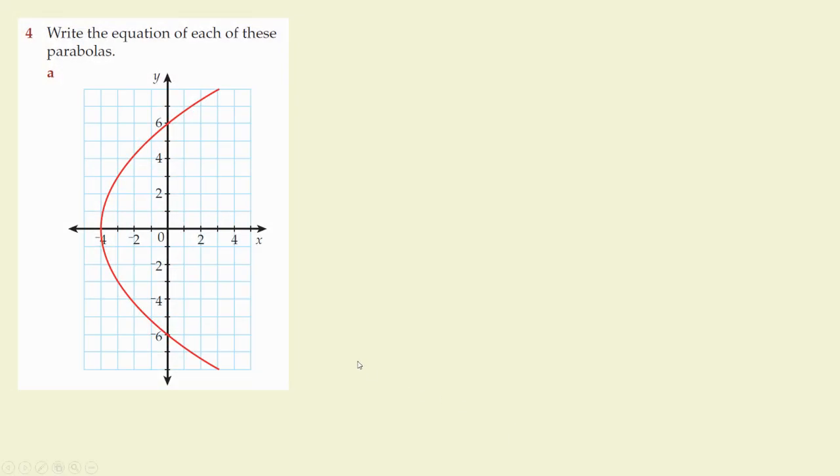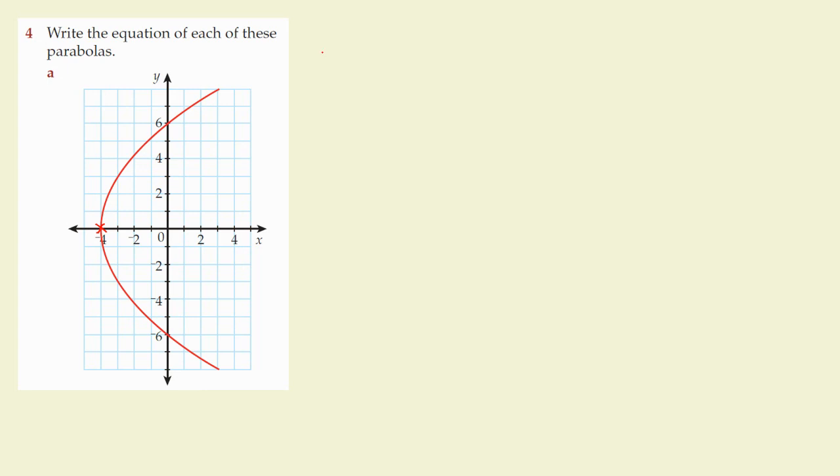So we're going to start off with question 4, part A. What we have here is a parabola and we've got to get its equation. Straight off, we know the vertex of the parabola has moved. Rather than being at the origin, it's at the point -4, 0.